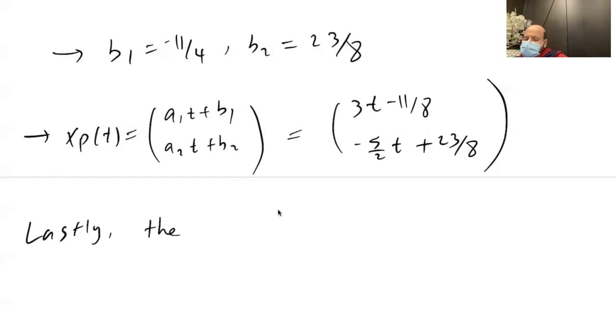And we already found xc and xp. xc was alpha 1 times (1, minus 1) e to power minus t plus alpha 2 times (2, 3) e to power 4t. And xp, we just found it above, 3t minus 11 over 4 and minus 5t over 2 plus 23 over 8. So this is the general solution for our equation, a solution for non-homogeneous system.